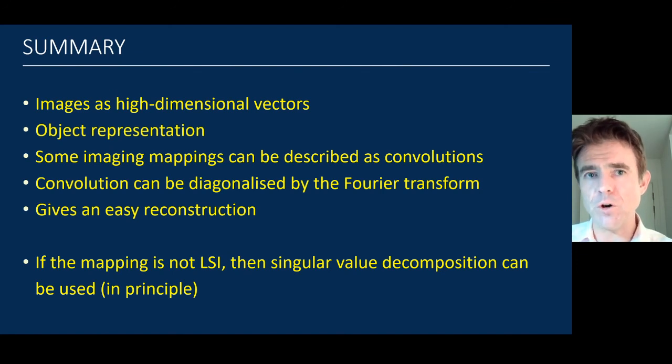If a mapping is not linear shift invariant, then for a general linear mapping, in principle, but not very much in practice due to difficulties which we'll mention in another lecture, the singular value decomposition would really be the beautiful way of handling all kinds of linear mappings. And in fact, it does give a lot of insight if your system and data are small enough to deal with an SVD, a singular value decomposition.